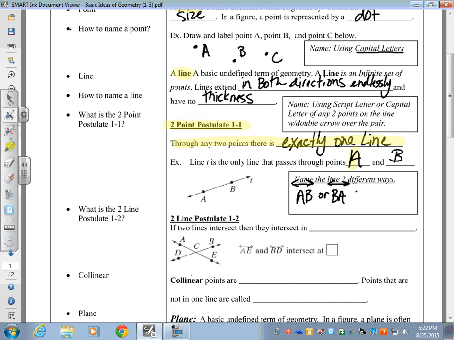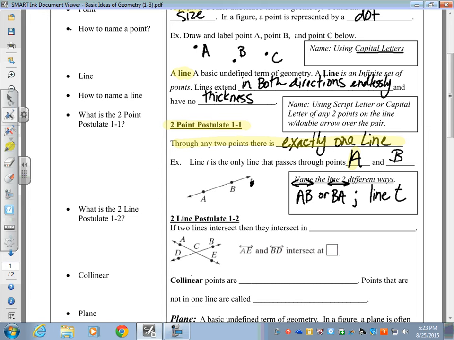The other way we name a line is with words, and we say line, and then we use the subscript. The subscript is going to be in a lowercase letter. So right here, we have line T. So there is how we name lines.